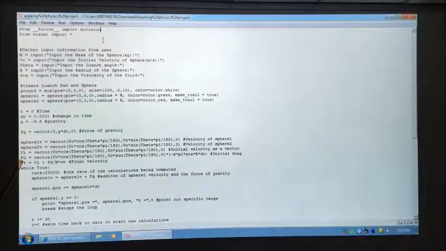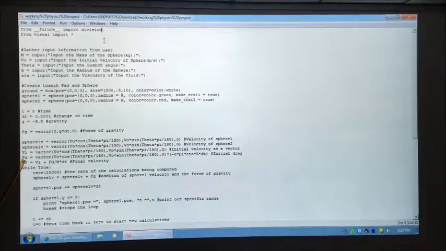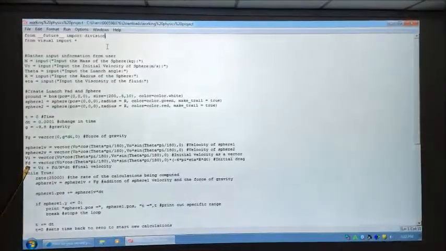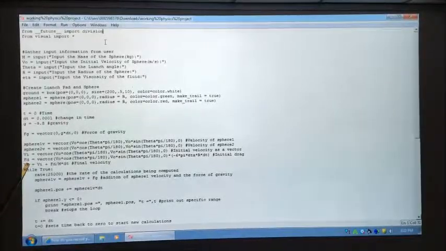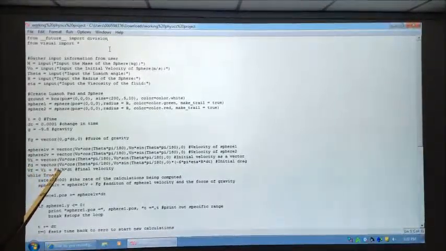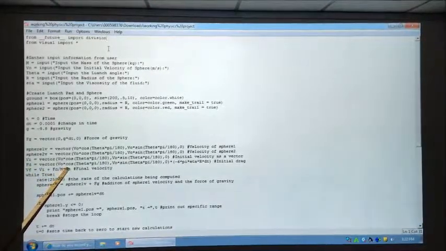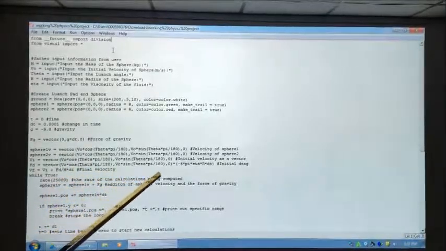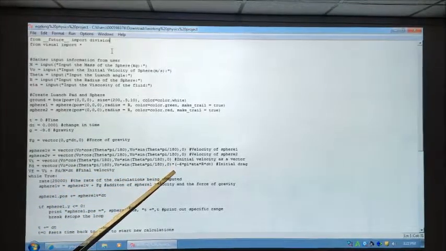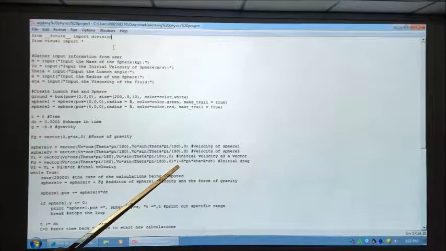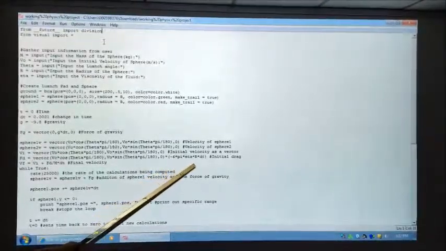For the drag force, we have the same x and y and k values, but we multiply it by Stokes' law to get the initial drag.